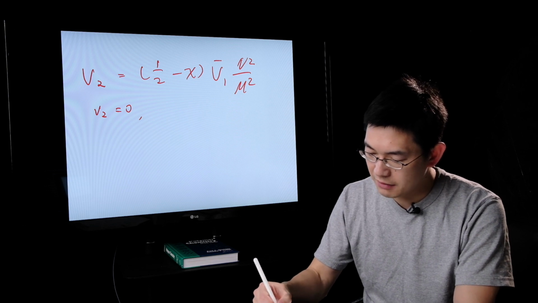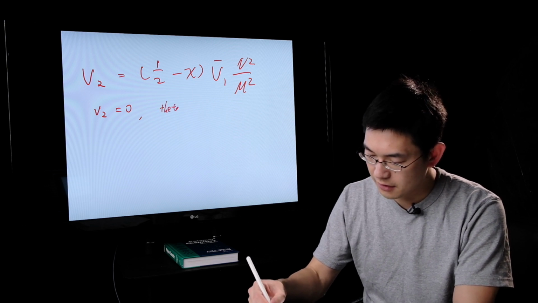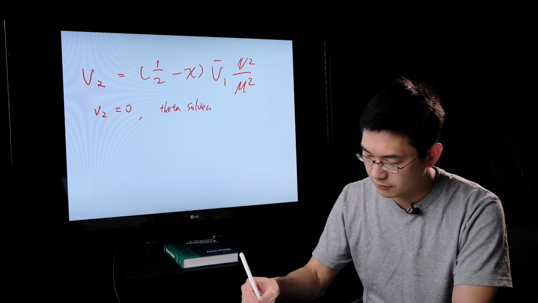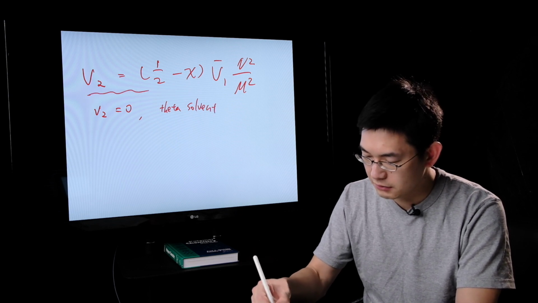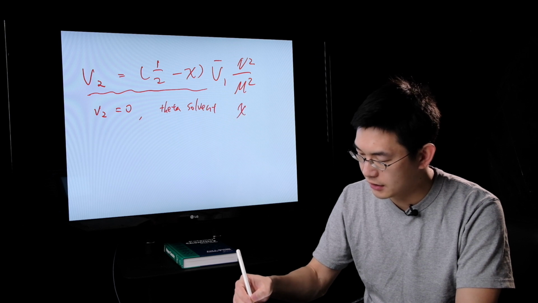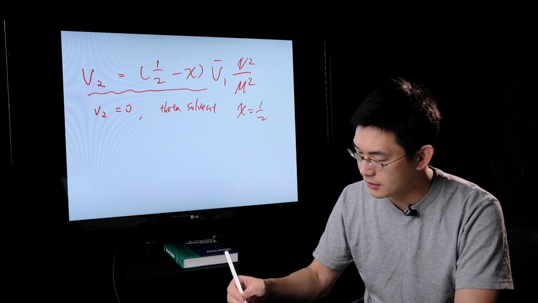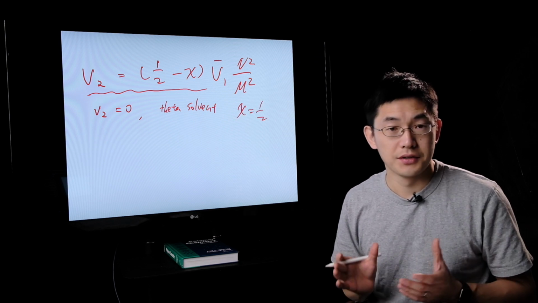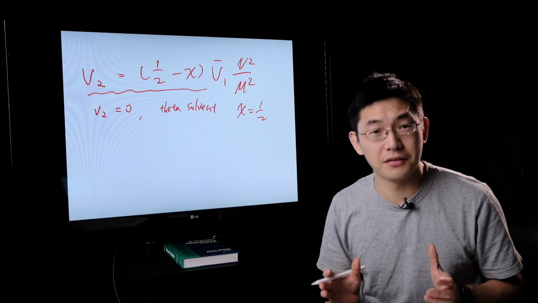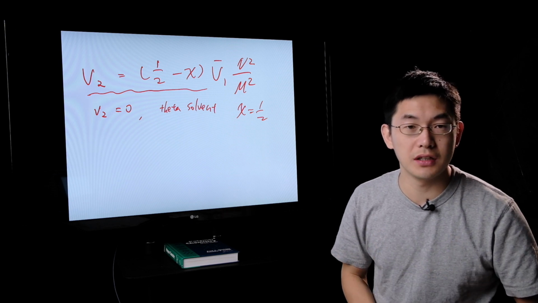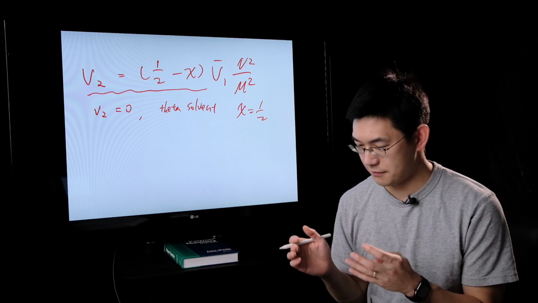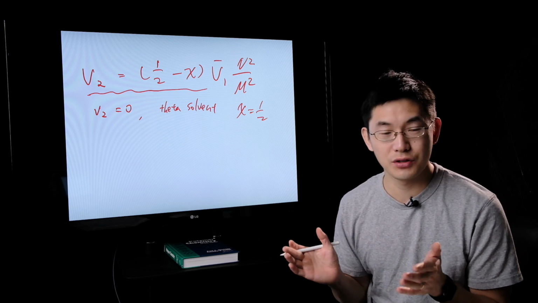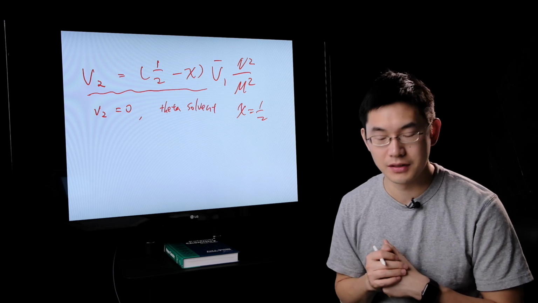That means we have a theta solvent. If you have this particular relationship, that means chi equals a half is a theta solvent. So I think the second derivative coefficient is easier to interpret because it's just a zero, but chi has to be 0.5 to be a theta solvent.